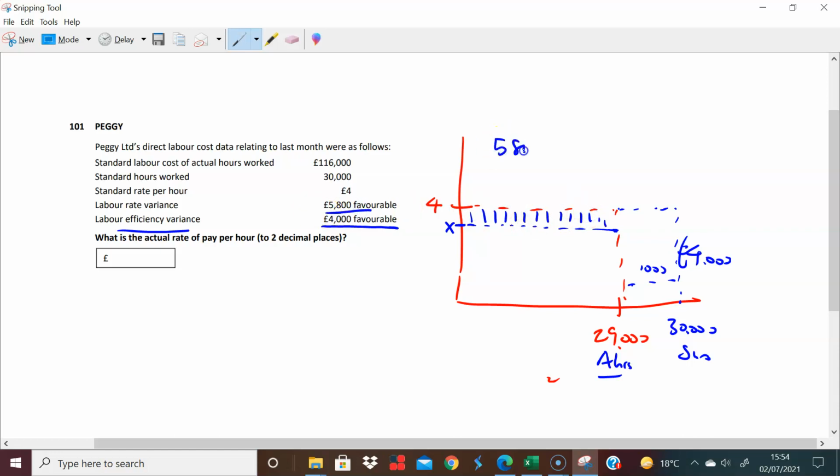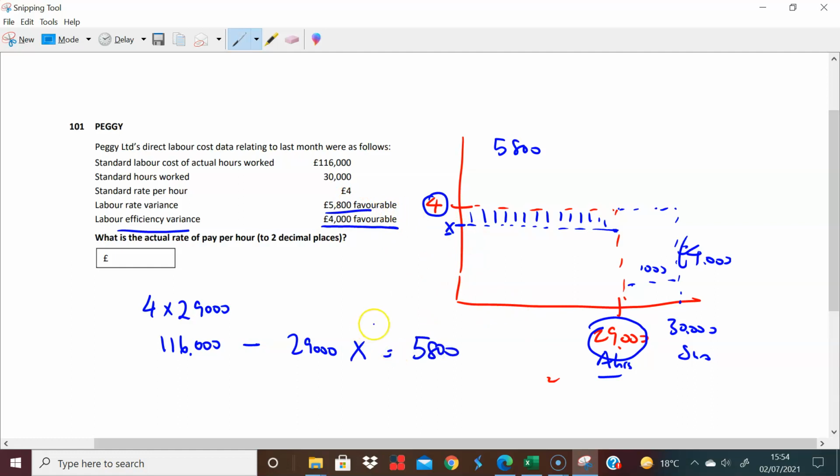So I know that 4 times 29,000, which is 116,000, minus x times 29,000, or 29,000x, is equal to the difference, 5,800. There are two ways you could do this, but I'm doing it this way.